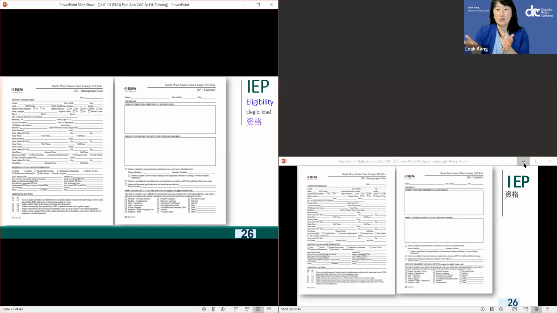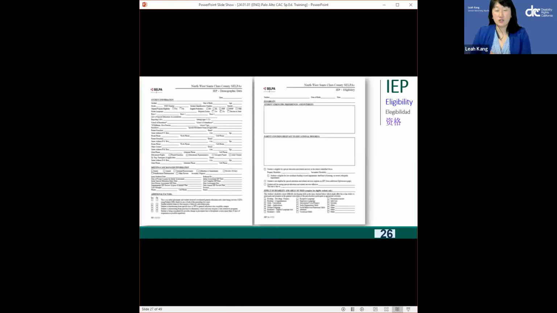There was an initial assessment and then an initial IEP meeting. At the IEP meeting, let's say the student was found eligible. The student fell in one of those 13 categories of disability, and that disability affected the student's education. What then goes into the IEP?